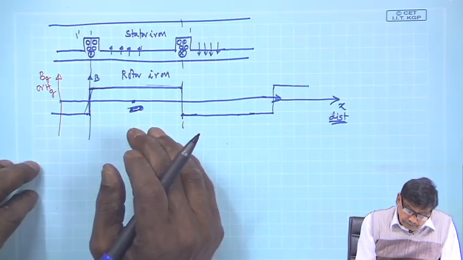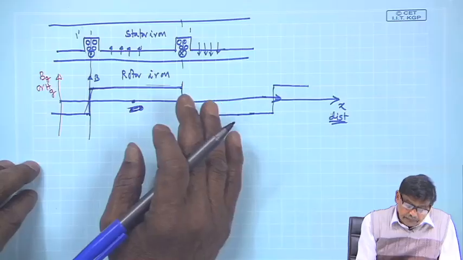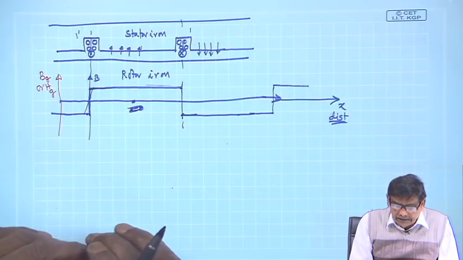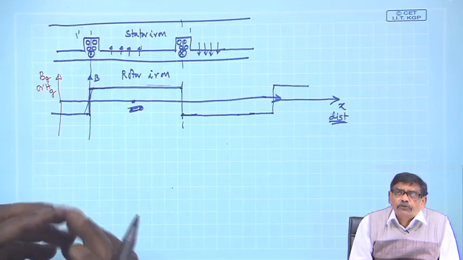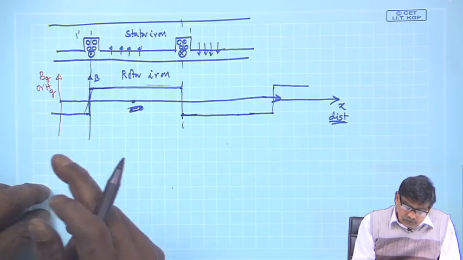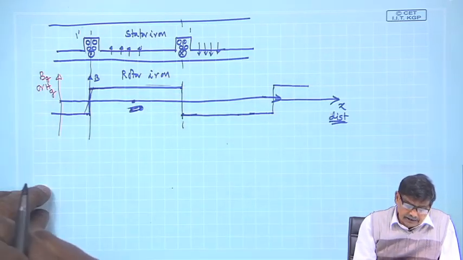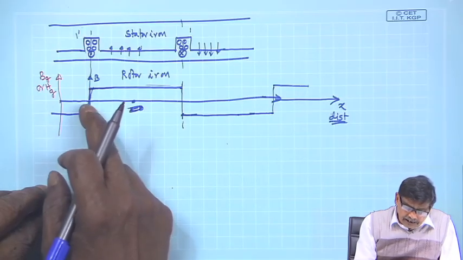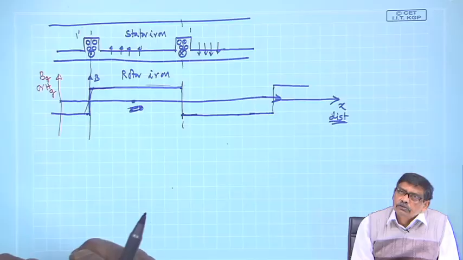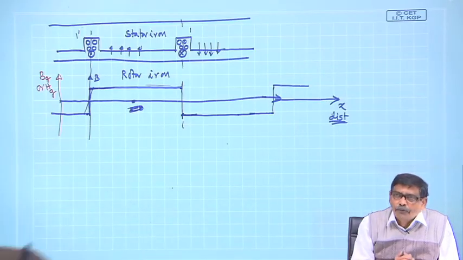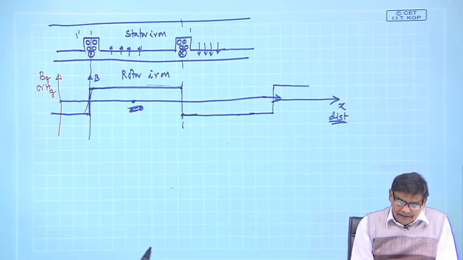Now, this is fine, but as I was telling, our intention is to get a sinusoidal voltage generated. To get a sinusoidal voltage generated, I would expect that B should also be made sinusoidal. Then no one can contest me.